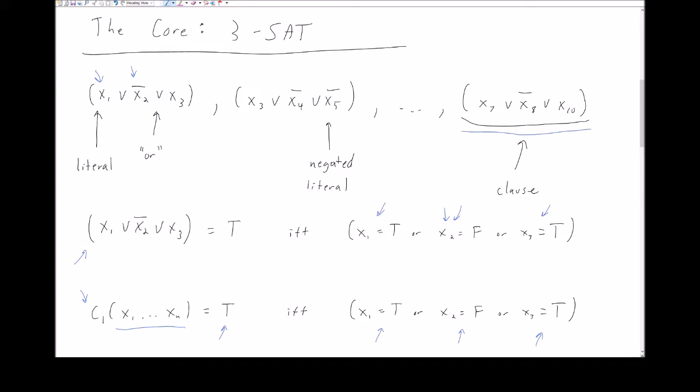The way we interpret these little symbols is this upward facing V is an OR symbol, signifying that this clause is going to be true when x1 or x2 or x3 is set to true. The 3 in the 3-SAT comes from the fact that every clause has exactly 3 literals in it.